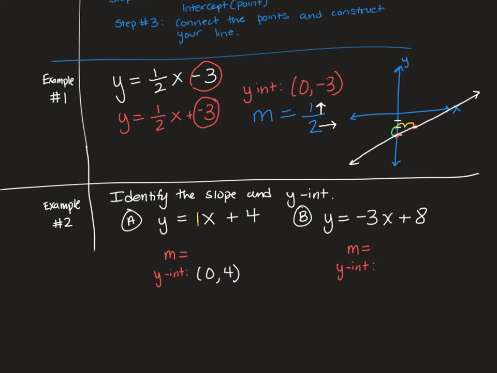Now, the slope has to be in fraction form because remember, the slope is rise over run, right? So the slope for A, if you want to make things easy for you, your slope is just 1 over 1, because the coefficient that's in front of the variable is 1, and you can put a 1 under it. So your slope is 1 over 1.